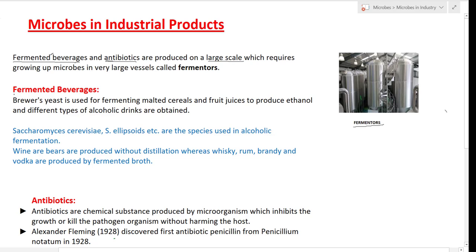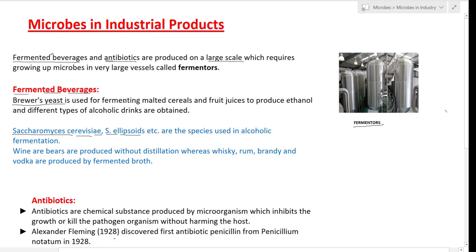Now we come to fermented beverages. We use different microbes in them, and here we use brewer's yeast, because in the brewing industry we use different species of Saccharomyces. This is Saccharomyces cerevisiae, this is a yeast, Saccharomyces ellipsoideus, and others also. Collectively, these species are known as brewer's yeast, which we use in the fermentation of different beverages.